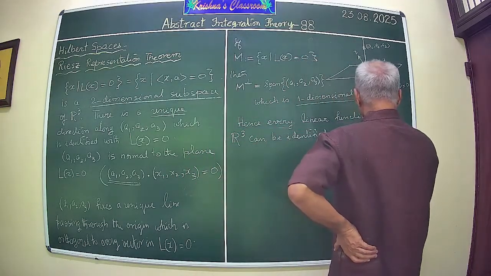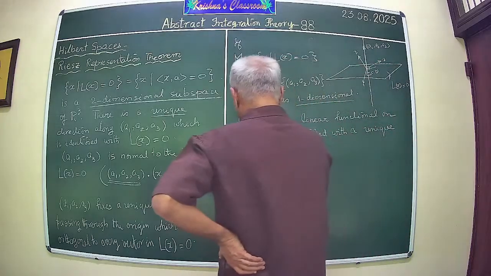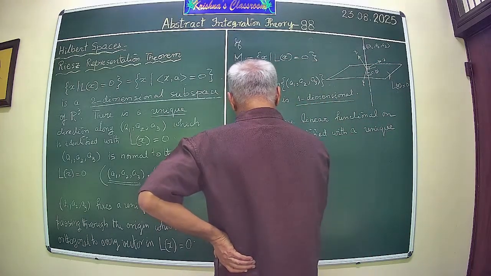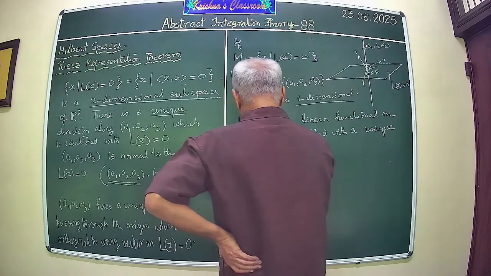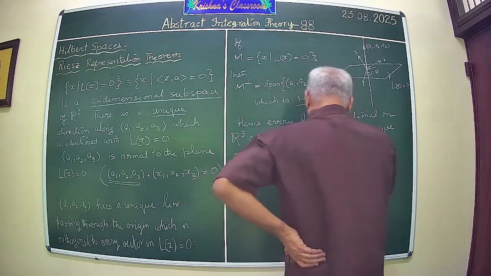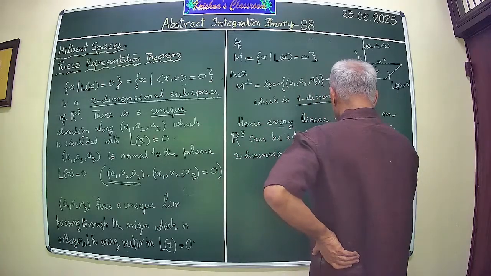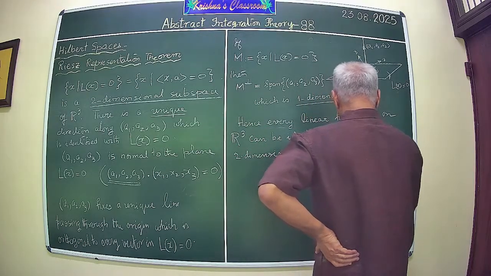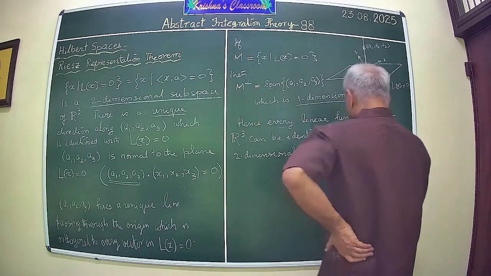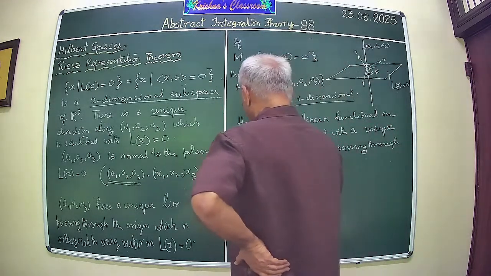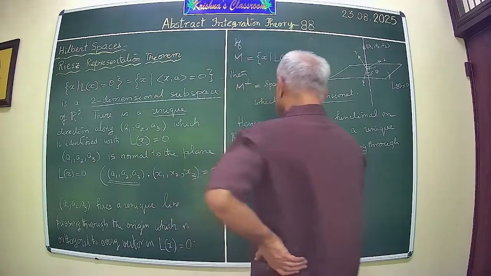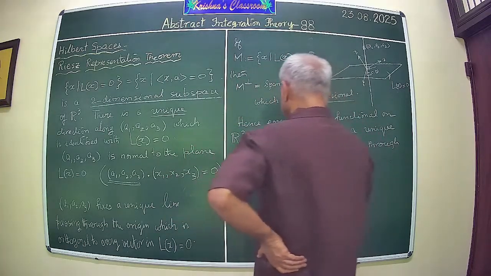Unique two-dimensional plane passing through the origin, since it is two-dimensional.